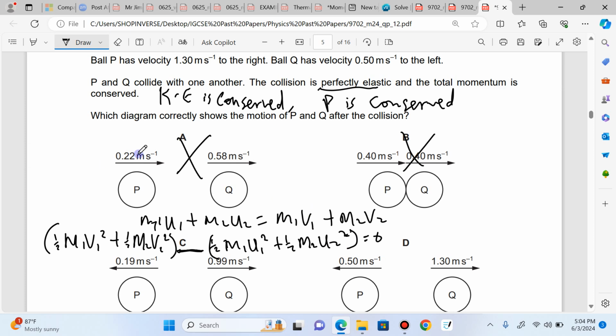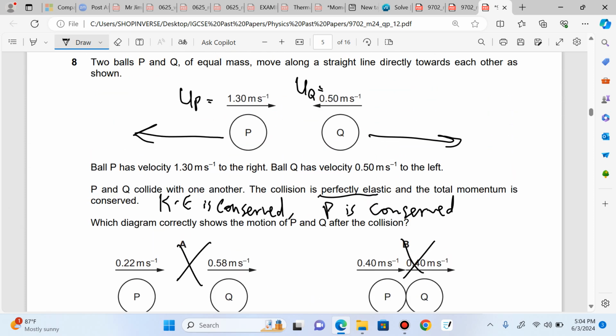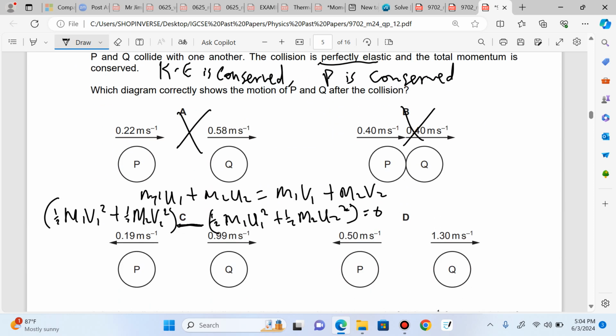You know, the first one, P has an initial velocity of 1.3 meters per second. That means after collision, P must have 0.5, okay? Or P having 0.5 after collision, while Q has 1.3 after collision. And that's what we have here.